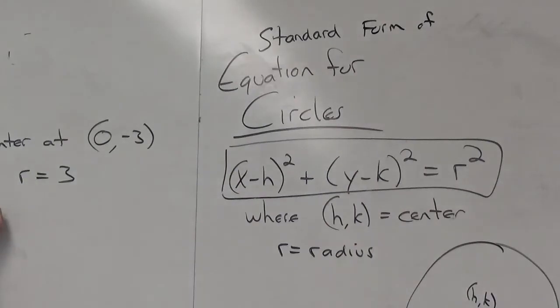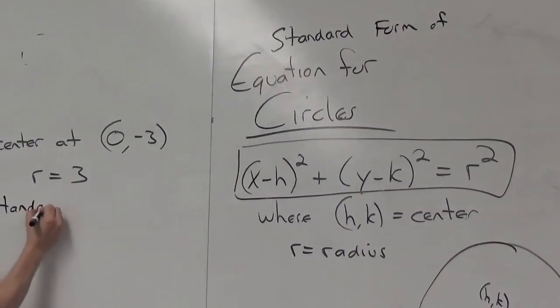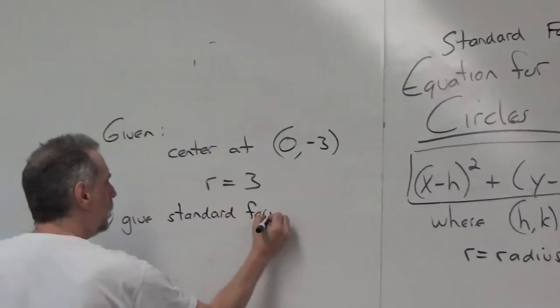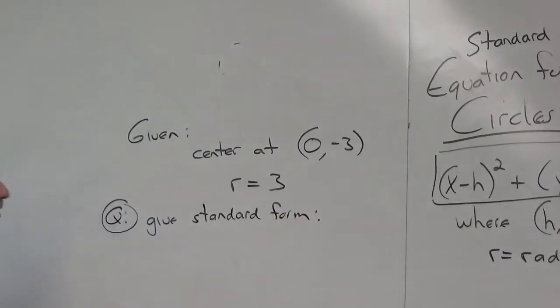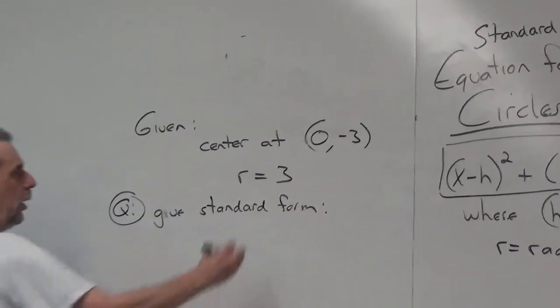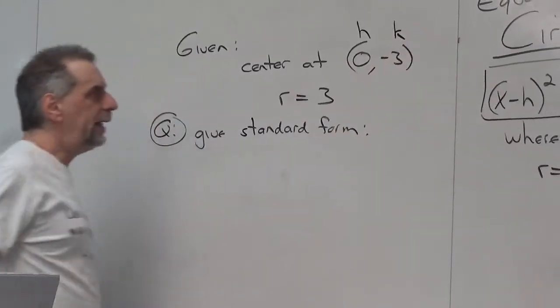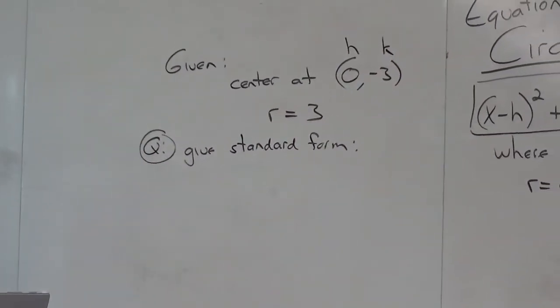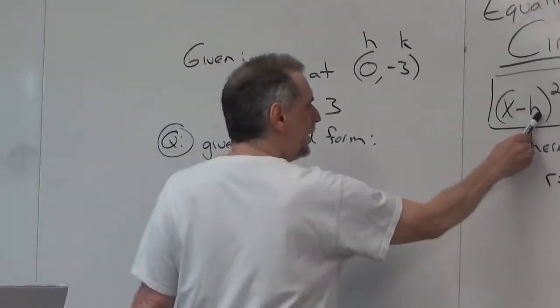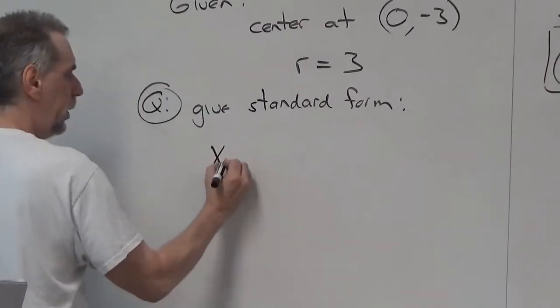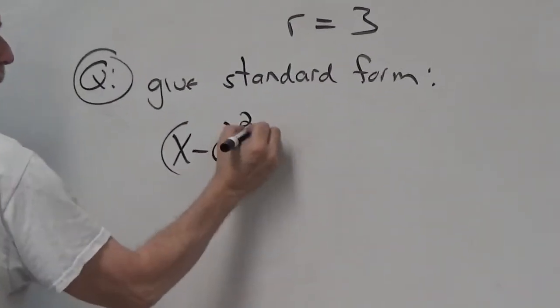All right, so give standard form. So this is hopefully really easy here. Our h is 0, our k is negative 3. So we put that in, x minus 0 squared. You don't have to put that 0, but that's what's going on.